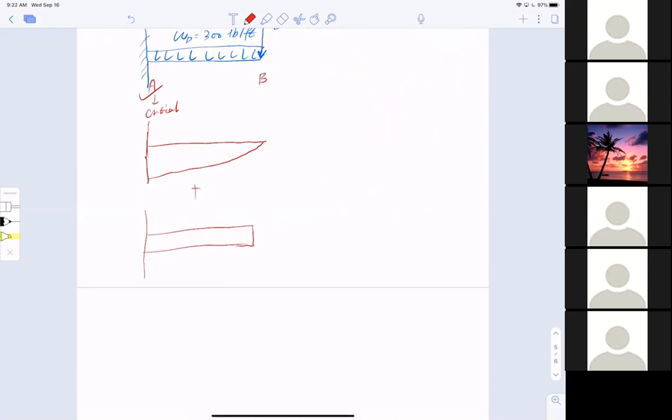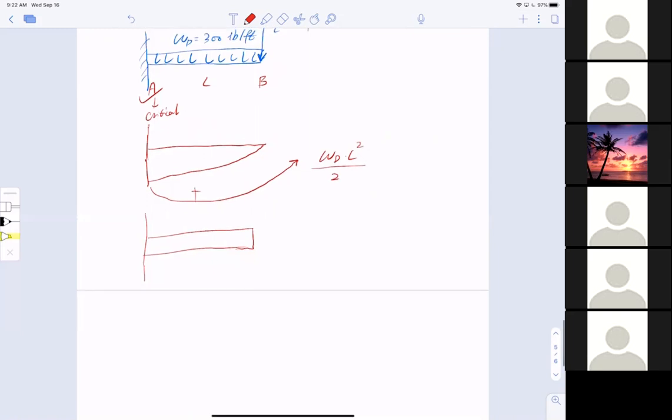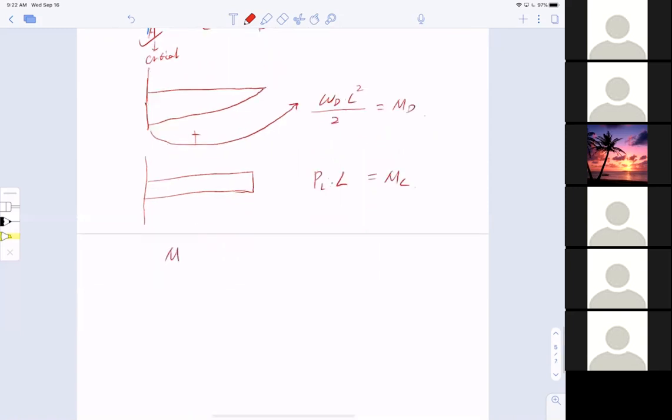I know this value here is omega D multiplied by L, the distributed load, multiplied by another half L, and that's the dead moment. For the live moment, I have P live multiplied by L. So the total applied moment, Mu, equals 1.2 dead, which is MD, plus 1.6 live, which is ML. That's the total applied moment. Should I switch color?